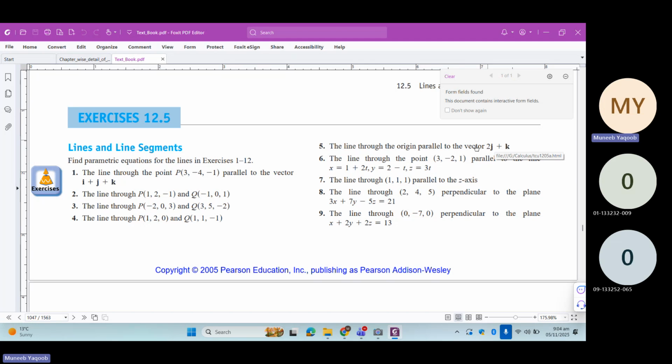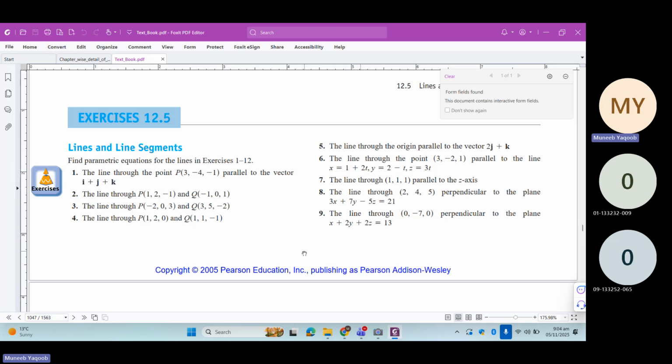So the direction vector along i is 0. Similarly, the direction vector parallel to y-axis is 2, and the direction vector parallel to z-axis is 1. So its direction vector is basically 0, 2, and 1, and the given point is basically origin, that is 0, 0, 0. So again, we can easily solve this question.